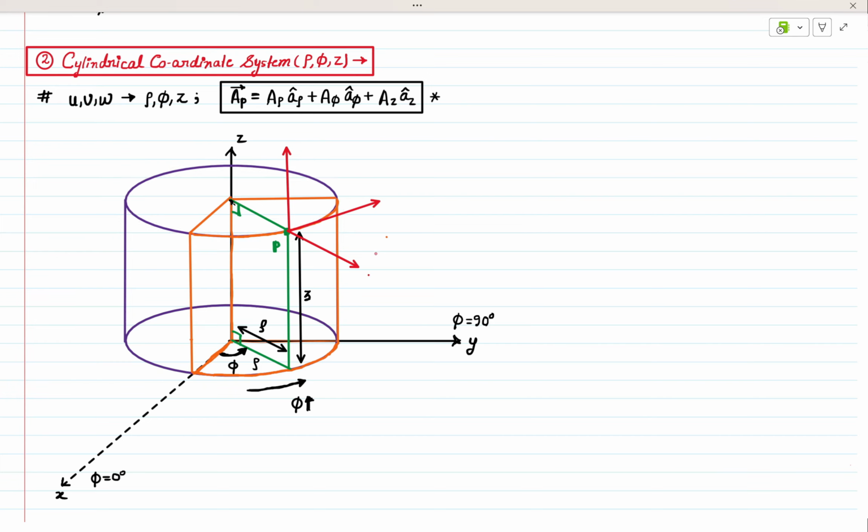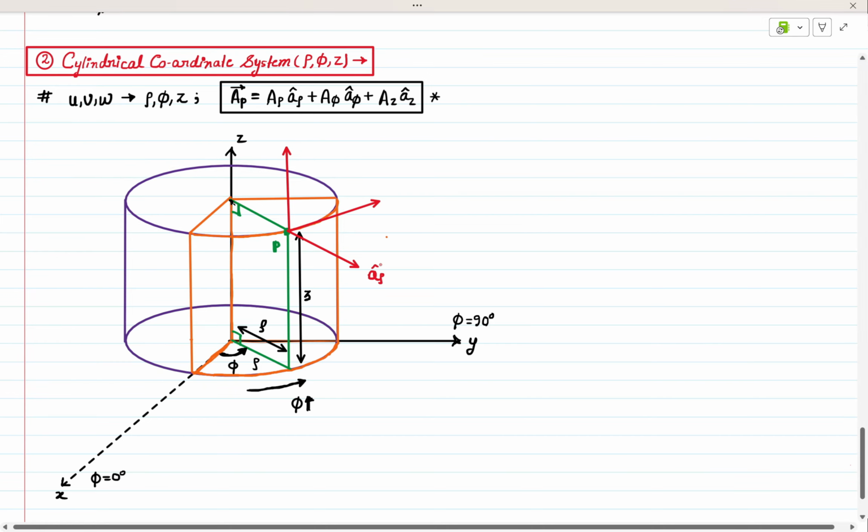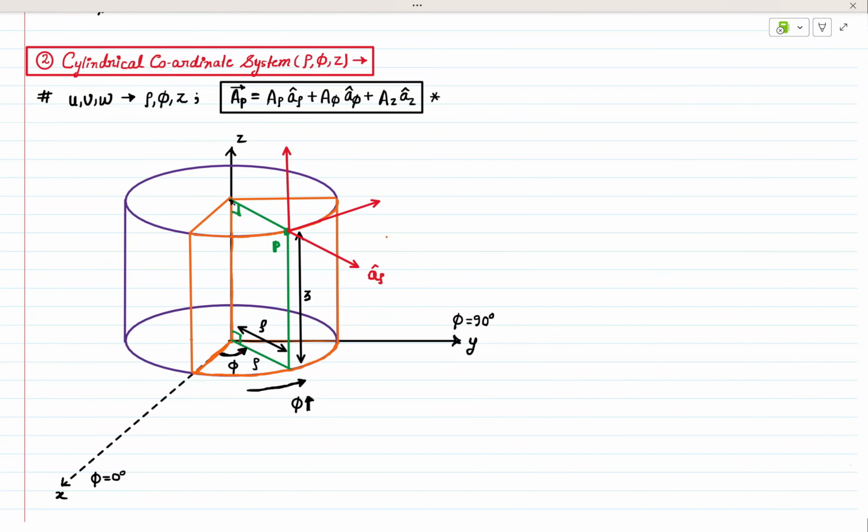Now this is the direction of rho, so that's why I am writing here a rho. This is the direction of the phi. If you look at the phi carefully, this is the direction of the phi. And this is the direction of the z, so that's why I am writing here az. Basically, direction is denoted by the unit vector. I have already told you.